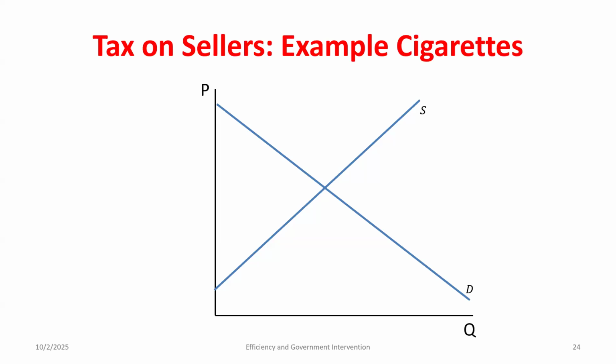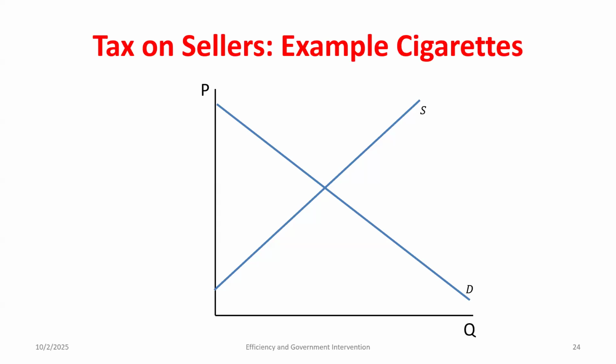What about this area in the middle? If we think about what this represents, what is the height of that rectangle? What's the difference between the price the consumer pays and the price the seller keeps?